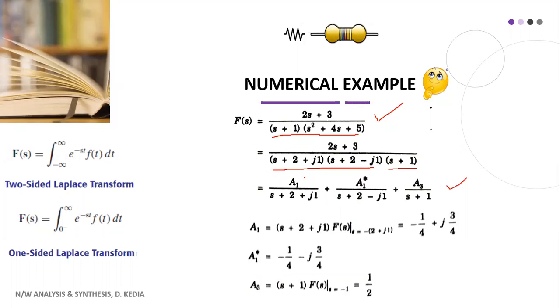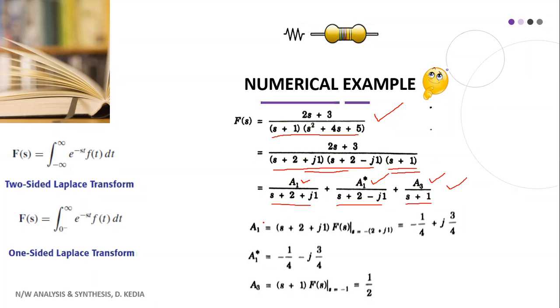Okay, so we have three roots. Two roots are complex number pair, and second is your s plus 1. So we can write it in the form of partial fraction. For complex root, we will write a1 and a1 star, and here we write a3. So these are the three factors that we have in this numerical.